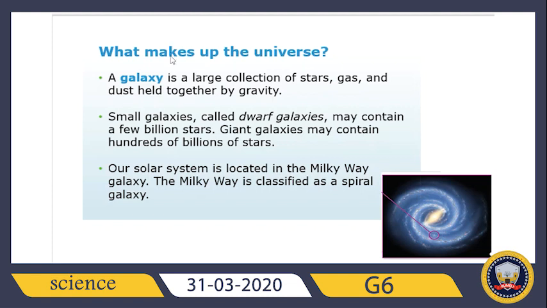Usually we classify galaxies according to their sizes into two main groups: small galaxies and giant galaxies. Small galaxies are called dwarf galaxies, and they may contain a few billion stars, while the giant galaxies, which are the bigger galaxies, may contain hundreds of billions of stars.